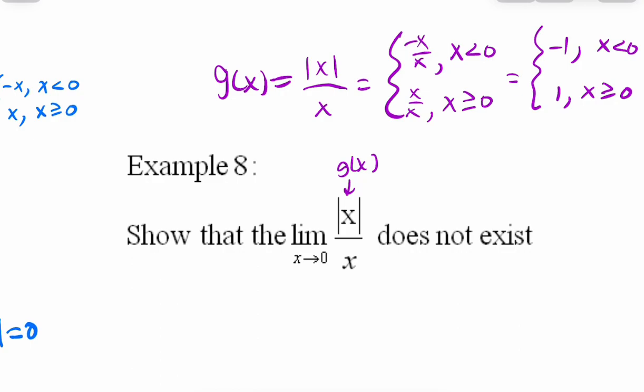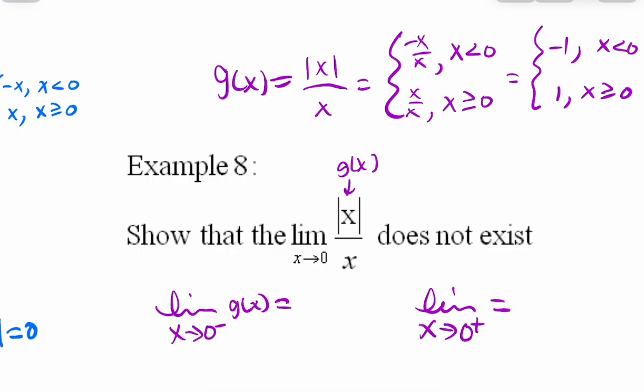Remember that Heaviside function we looked at where we were at 1 or 0? This is having a similar type of effect. Something weird is happening. So let's approach it from the left. Let's approach it from the right. Let's see what we get. If we approach 0 from the left, what height are we coming into?